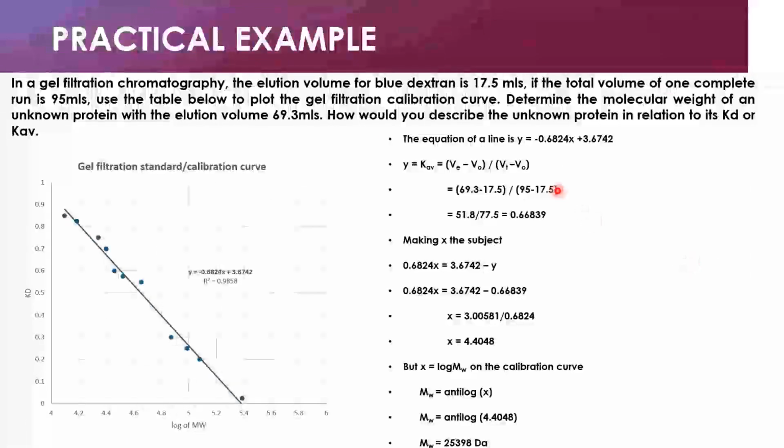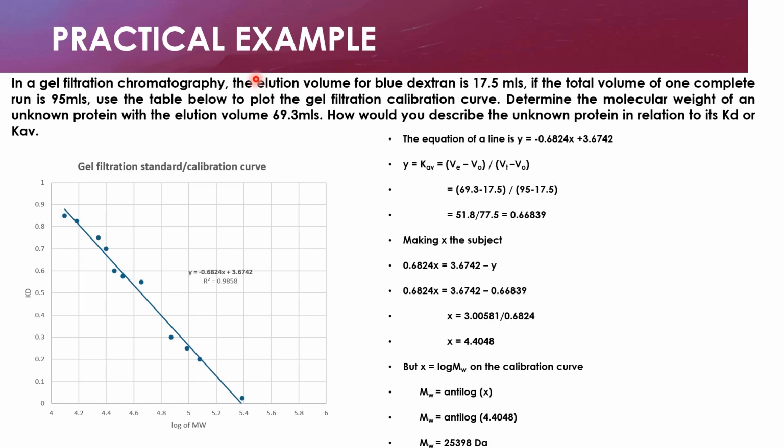So from the question, we know that the elution volume for the blue dextran, which is 17.5, is the void volume, and the total volume given in the question is 95 mL.